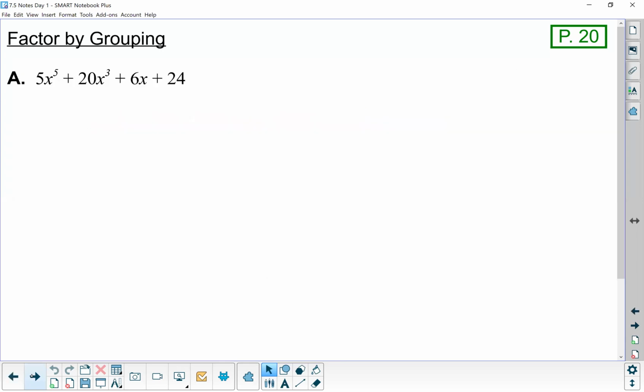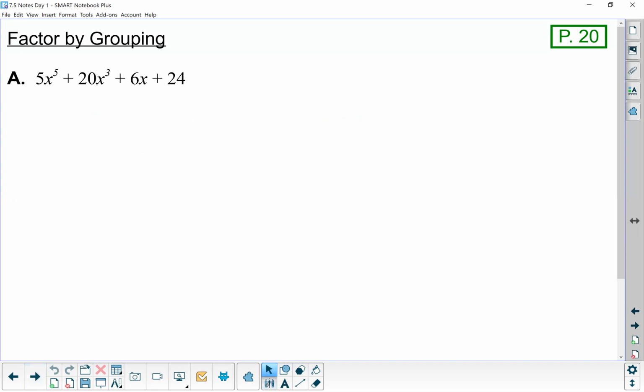So factoring by grouping is kind of what it sounds like. We are going to group parts of our expression together. Before we do that, the first thing we always want to do, check for a greatest common factor.